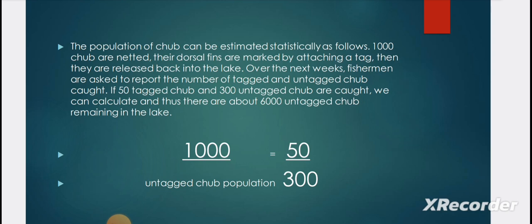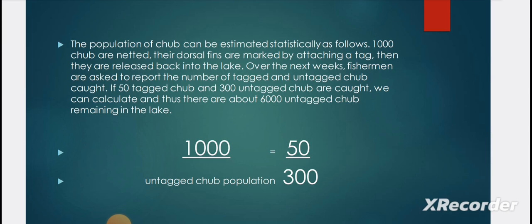Over the next few weeks, the fishermen are asked to report the number of tagged and untagged chub being caught. If 50 tagged chubs and 300 untagged chubs are caught, we can calculate that there are about 6,000 untagged chubs remaining in the lake. The formula being used is 1,000 divided by the untagged chub population is equal to 50 by 300.